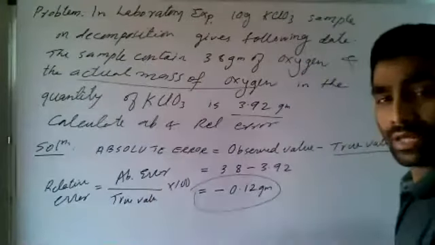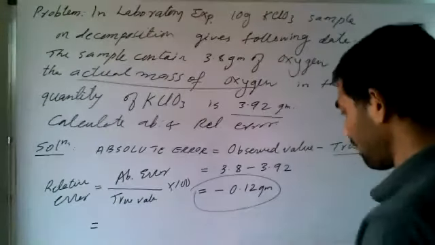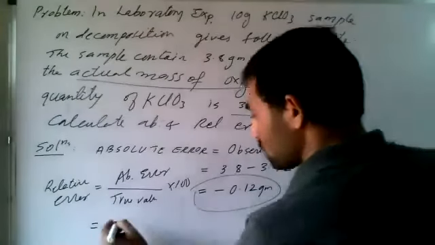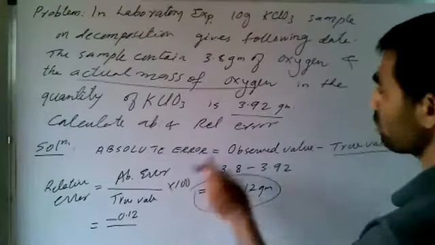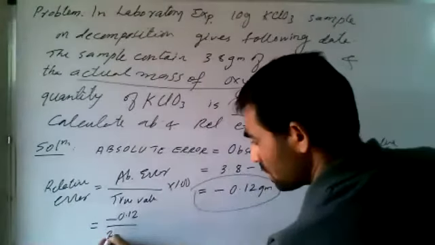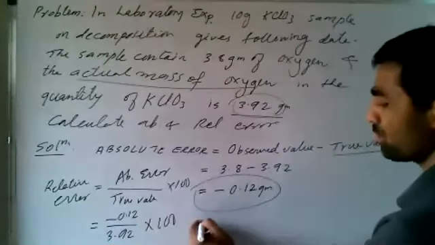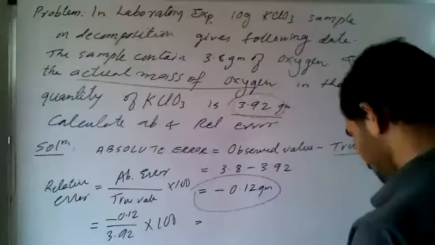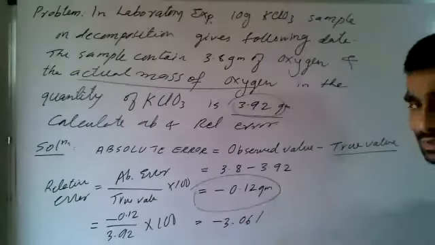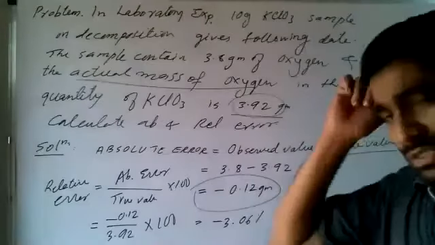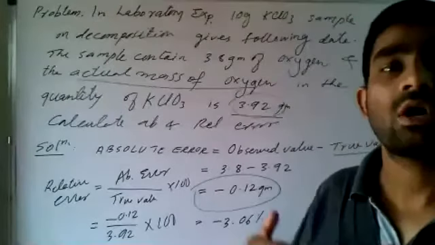If you put the values here, the absolute error is minus 0.12, divided by true value 3.92, and it is always in percentage. If you do this calculation, you will find minus 3.06%. So from this problem we came to know the absolute error and relative error.